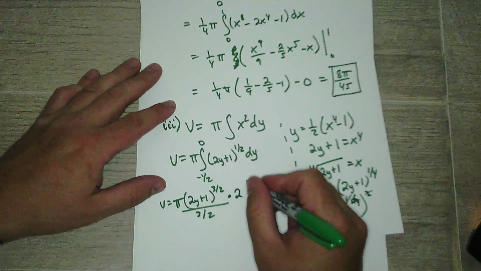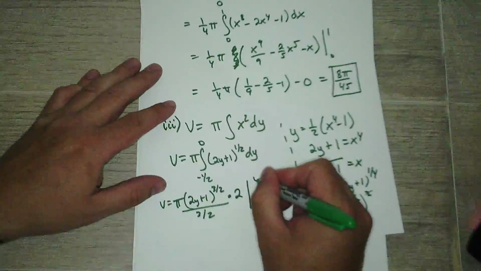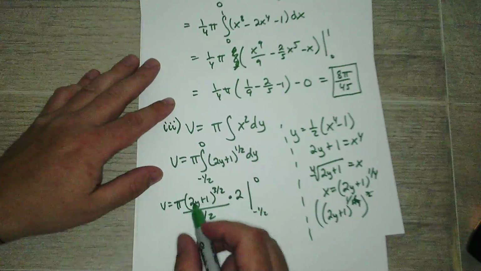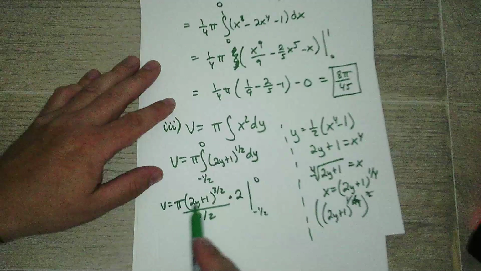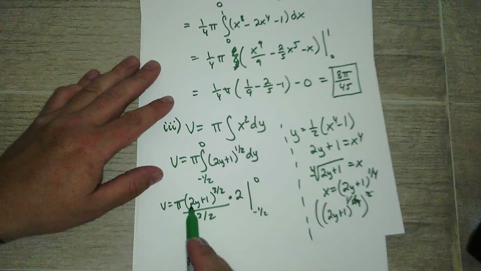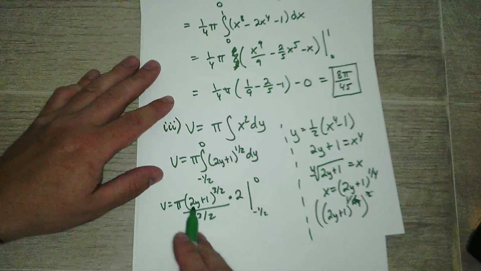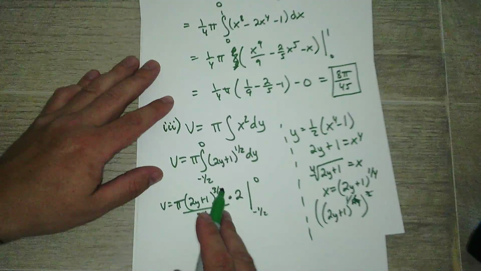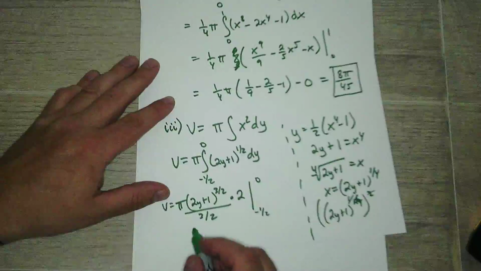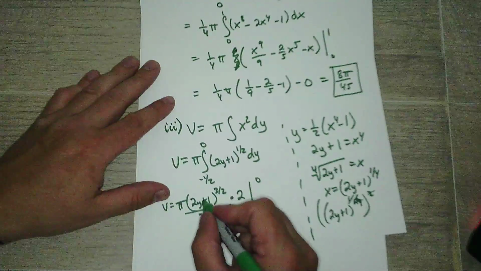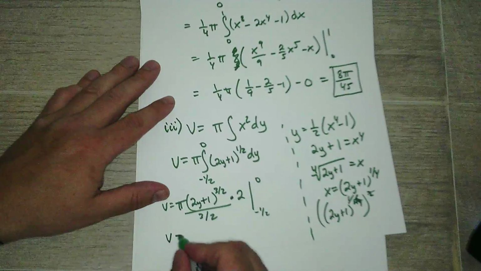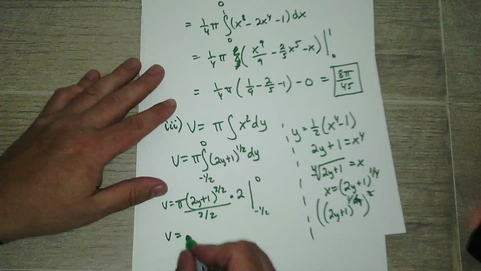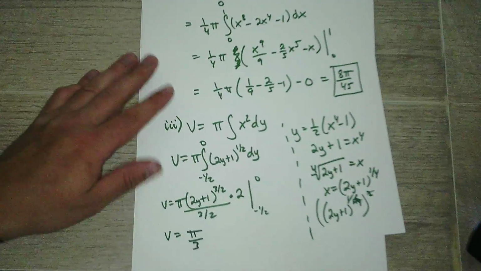And this whole thing is evaluated from negative 1/2 to 0. Plug in 0, it obviously all goes to 0. Plug in negative 1/2, so 2 times negative 1/2 is negative 1. That goes to 0. Sorry. And so the only thing that's going to be left then is pi over 3.